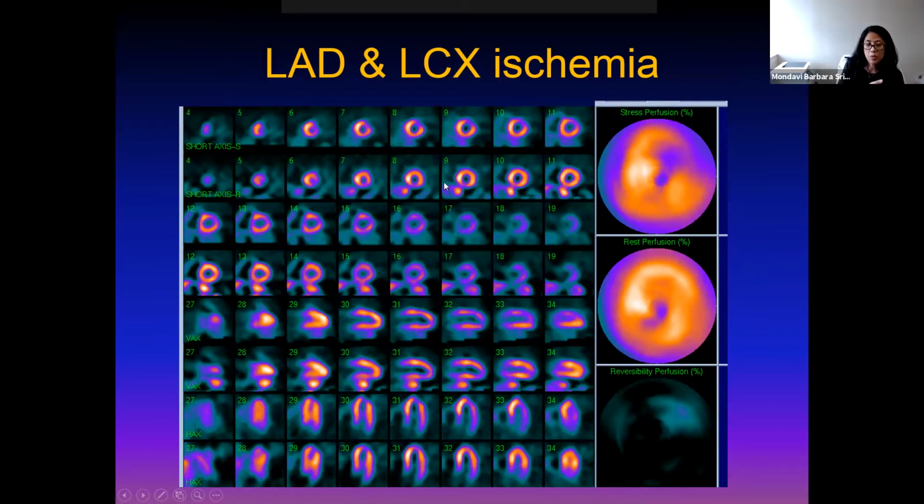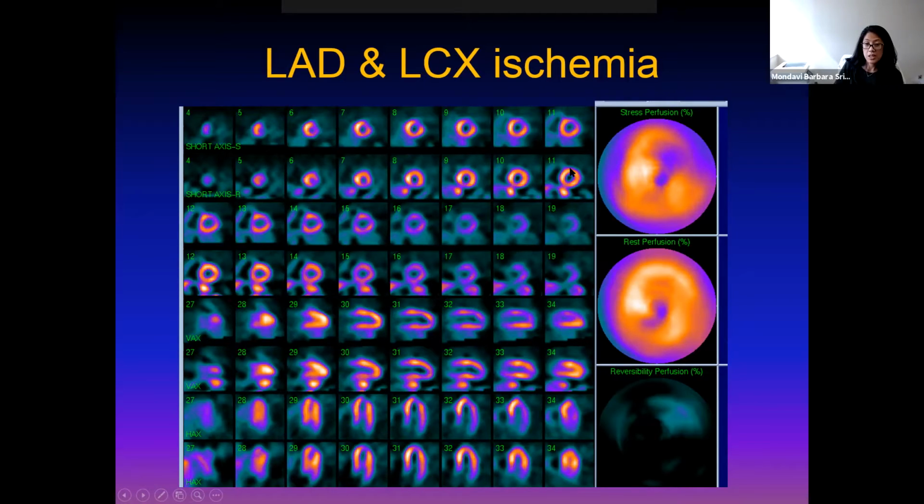Whereas in the prior example there was nice homogeneous uptake of the tracer on the rest images, here we can see that although the rest images look pretty homogeneous, with maybe a little bit of a defect at the apical inferior segment, on the stress images there's a larger defect, which corresponds to the anterolateral walls.